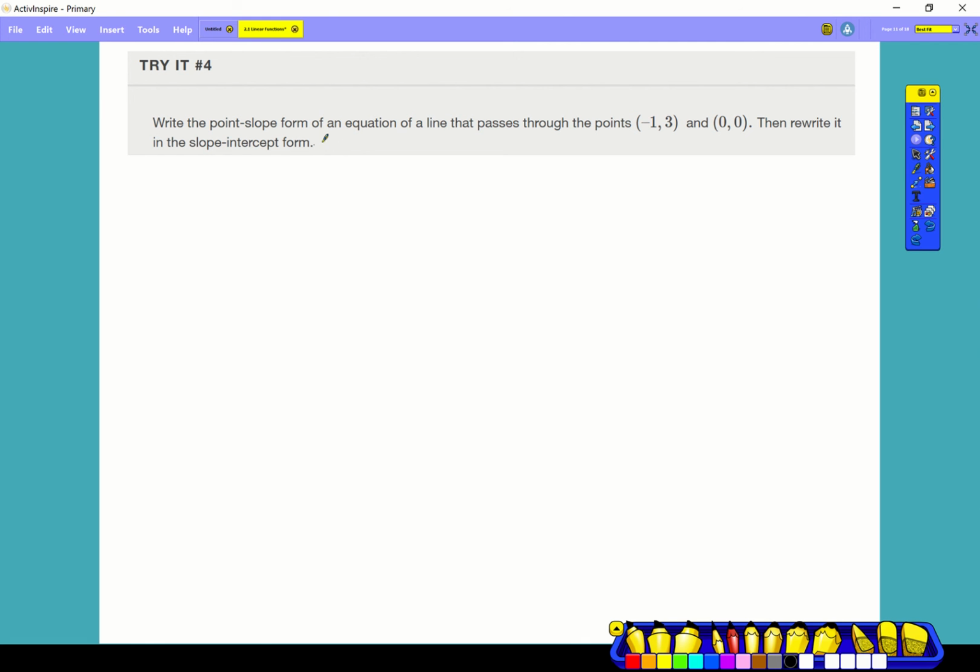So write the point-slope form of an equation of a line that passes through the points, negative 1, 3, and 0, 0. Then rewrite it in the slope-intercept form. So this is my x1, this is my y1, this is my x2, this is my y2, and we are going to say 0 minus 3 divided by 0 plus 1, because it's minus minus 1.